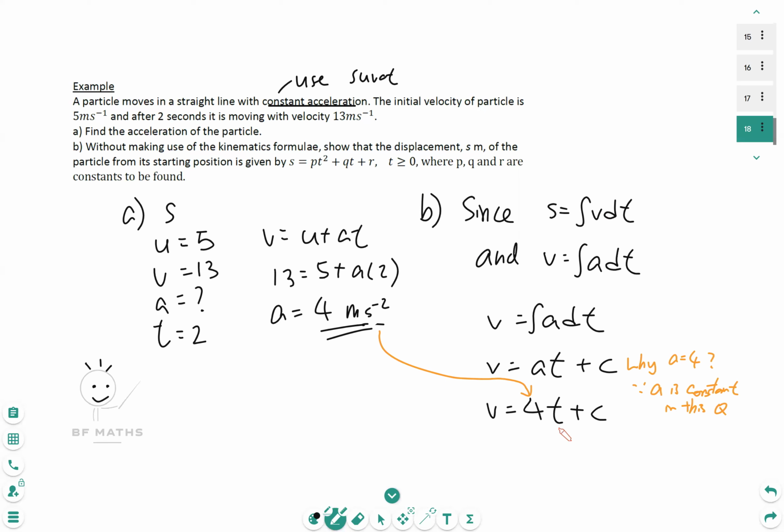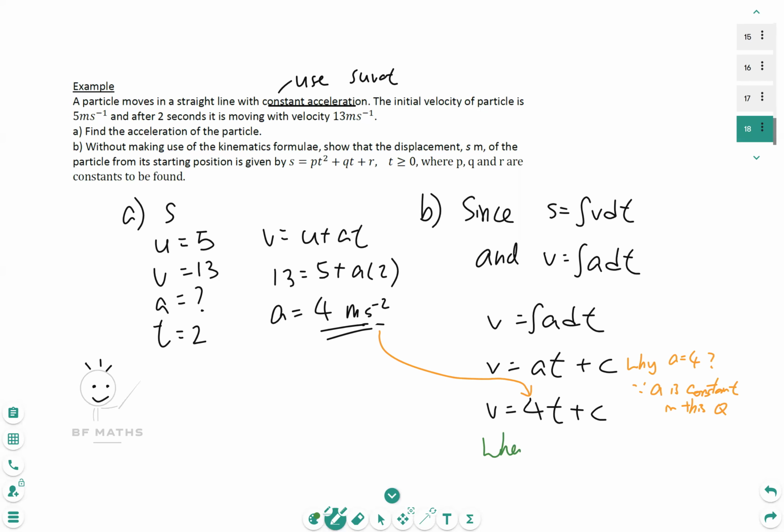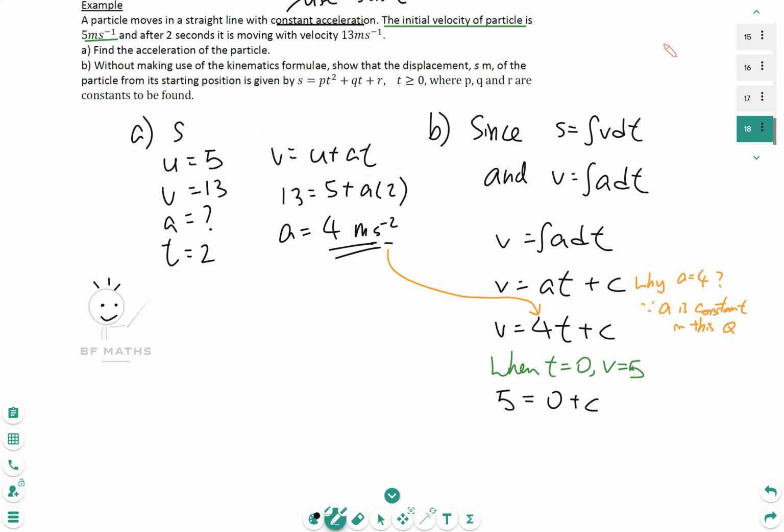All right, what else do we know? We know the initial velocity is 5 meters per second. So when t equals 0, v equals 5. Let's type it in. 5 equals 0 plus c, c equals 5, so v equals 4t plus 5.